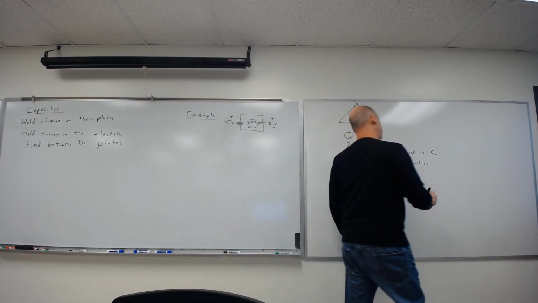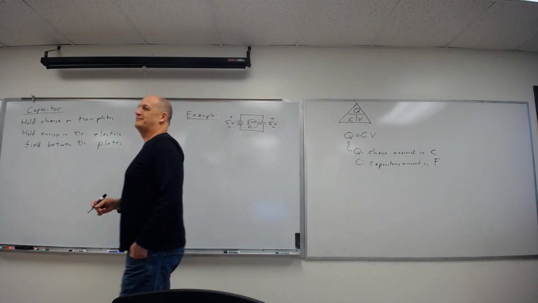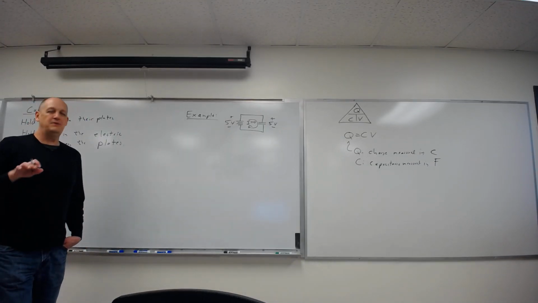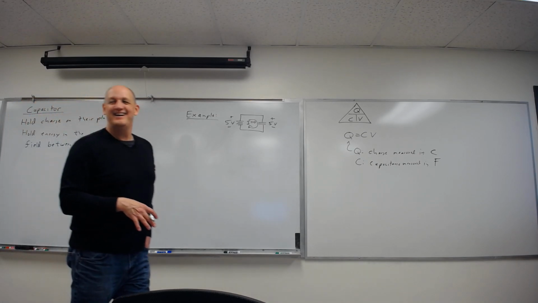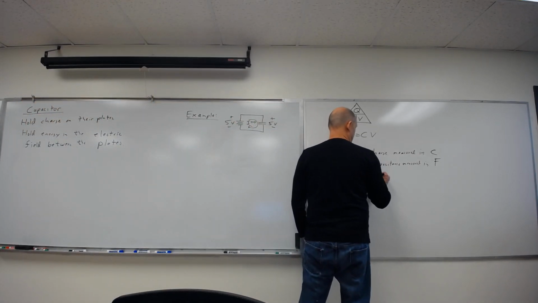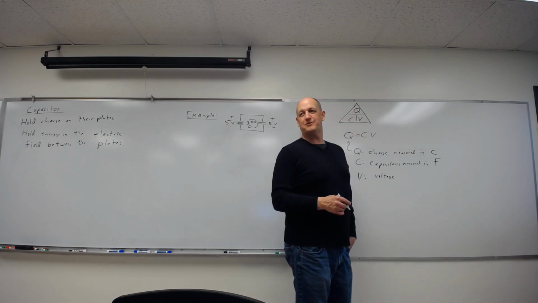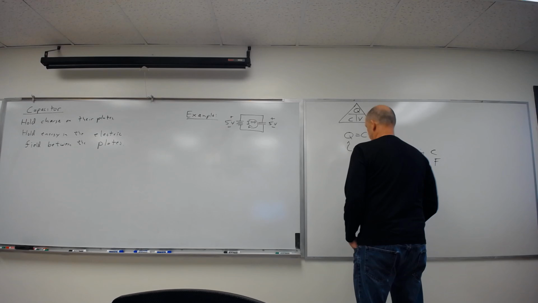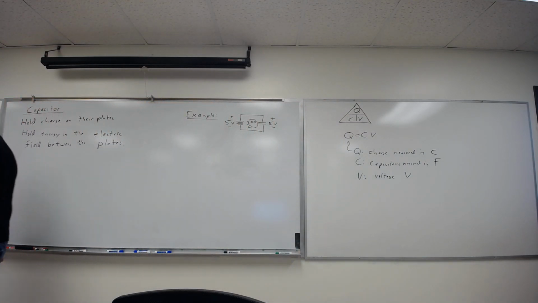Yes, farads, and almost always milli, micro, nano, pico. Usually milli and micro. V is electric potential, or voltage, and volts. That's the easy one. You have V and V. So do be careful of your C's.